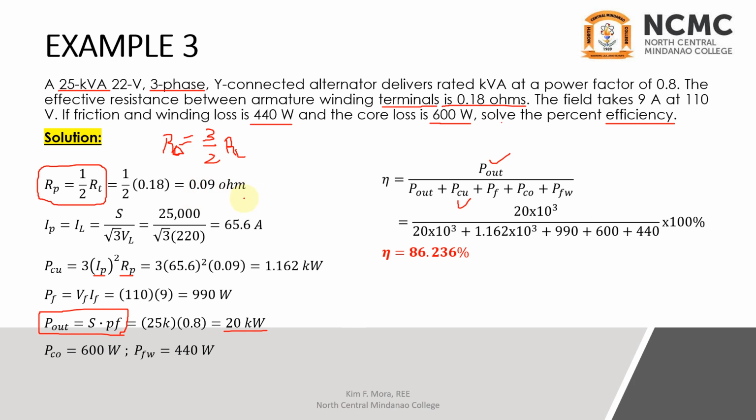Na natay RP. So for our phase current, so sa Y connected, no, ang current sa phase and ang current sa line is just equal, basta Y connected. So the formula nga atong gamitan is the apparent power over the square root of 3 multiplied by our line voltage, no?